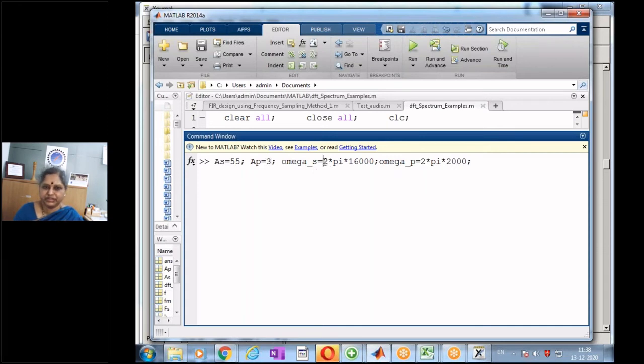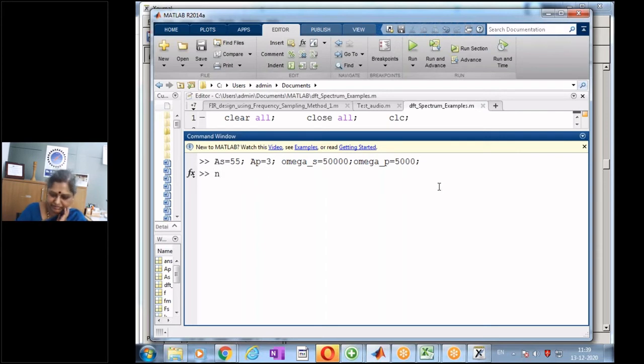My stop band frequency, omega S, is 50,000, whereas my pass band frequency, omega P, is 5,000. I've just put in the values: 55 dB attenuation at 50,000 and 3 dB attenuation at 5,000.